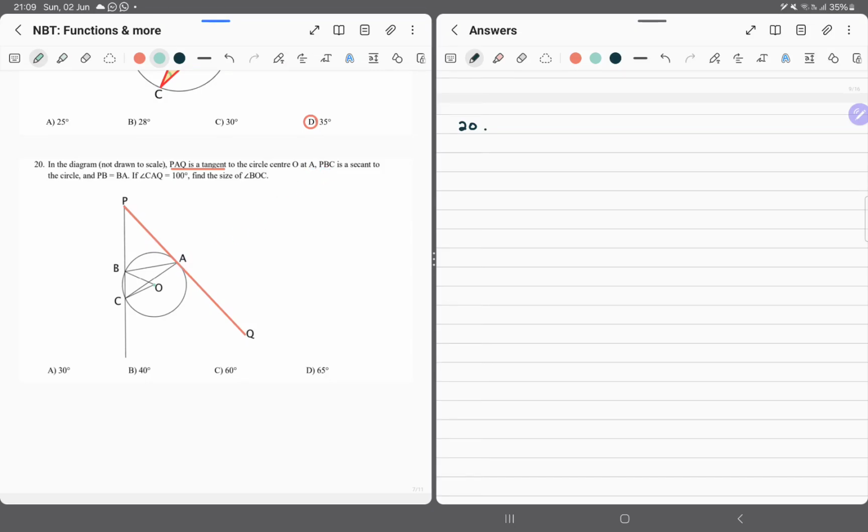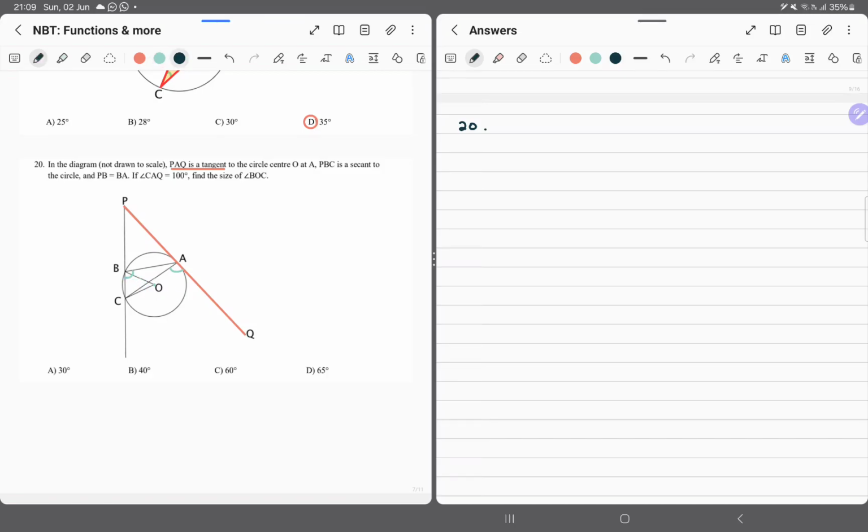So obviously this is going to speak some vibes of the tangent chord theorem, right? So we can see the angle between the tangent and the chord CA or AC should be equal to the angle subtended by that chord in the alternate segment or its circumference. So that is the tangent chord theorem here.